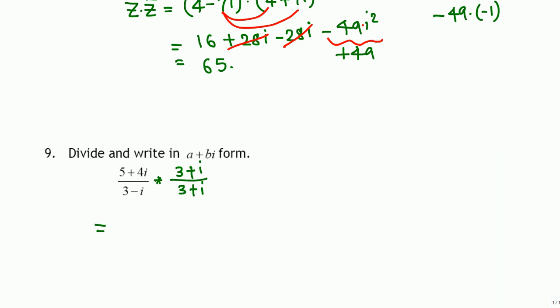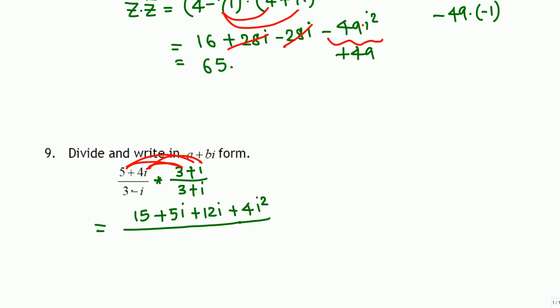Now we multiply top, just FOIL. On the top, 5 times 3, 15, 5 times i, 5i, 4i times 3, 12i, 4i times i, 4i squared.